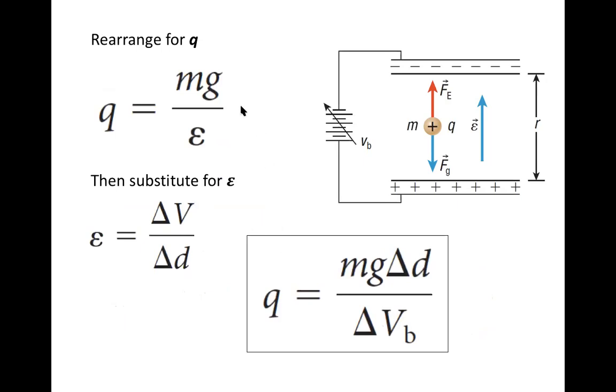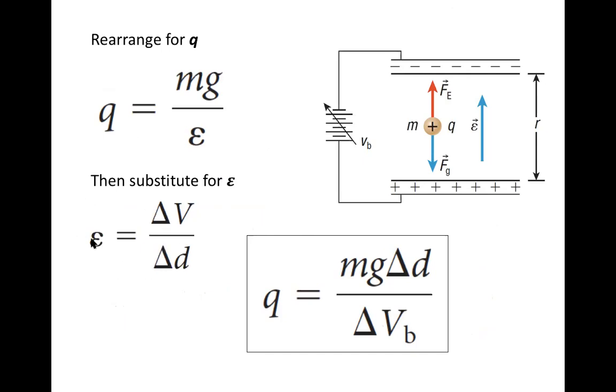And then further, epsilon is equal to the potential difference across the plates divided by the distance between the two plates. Recall that potential difference is the change in potential from one point to another. So if we select that to be here compared to here, then the delta d that goes along with that would be the plate separation.